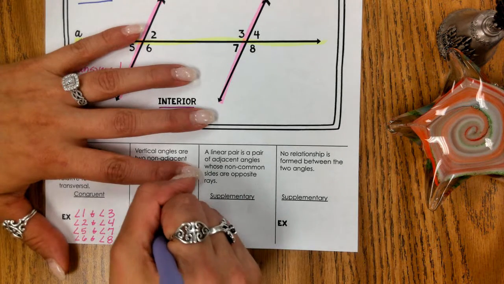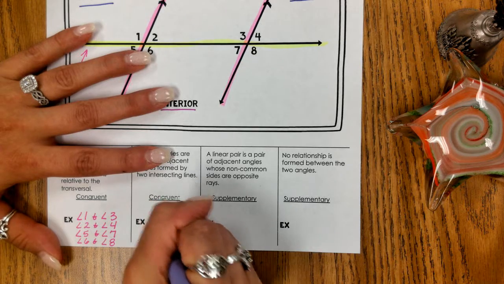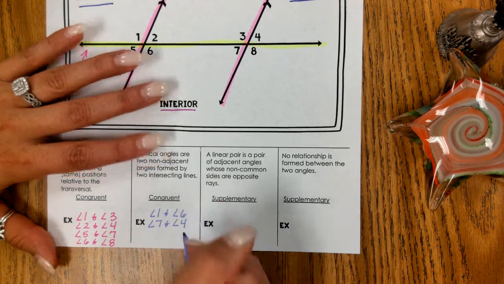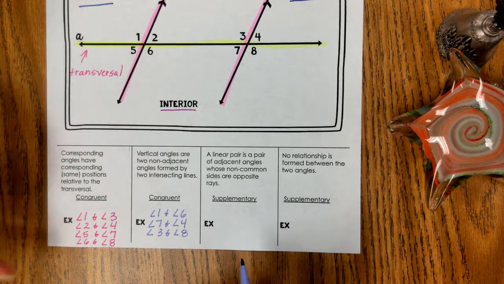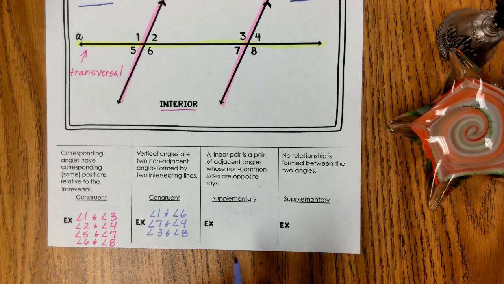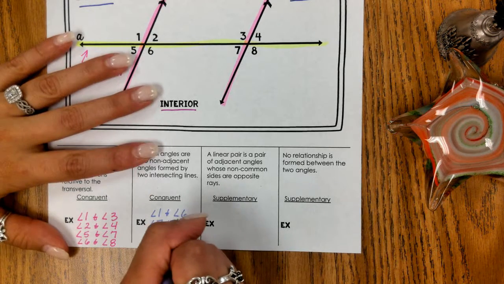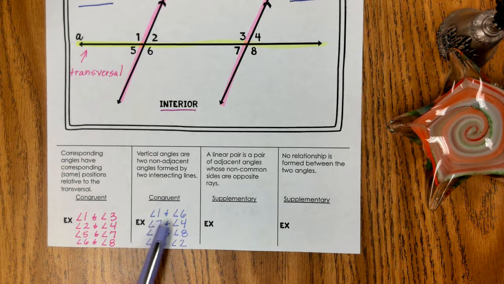Okay, what else? 7 and 4, good. 3 and 8. Okay, one more. 5 and 2. Good, 5 and 2. Okay, again, these are going to be congruent. They are the same measurement. All right?